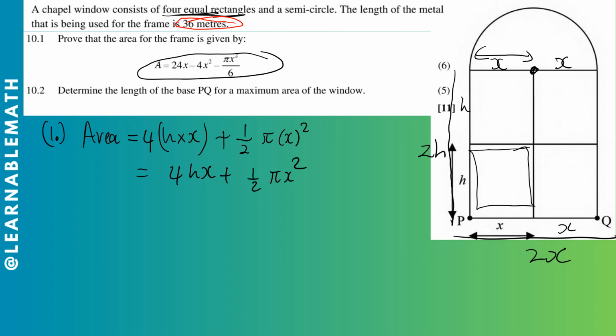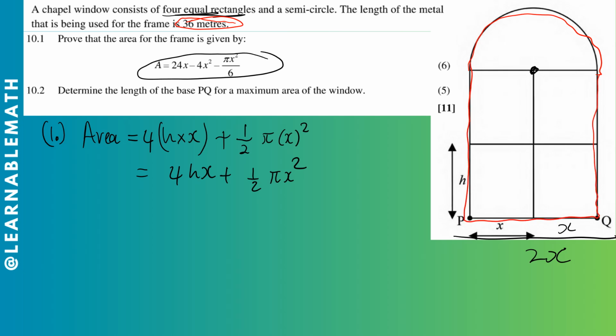They've told us that the length of the metal that is being used in the frame is 36 meters. It means that when you add the length of every part here, when you add the perimeter of the whole frame, everything, the length of the whole frame, it must be equal to what?